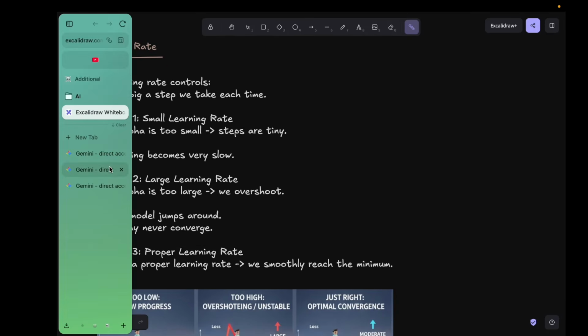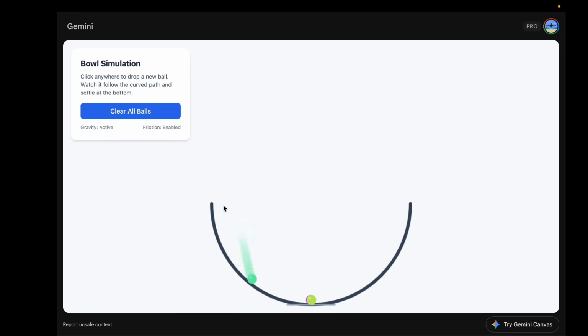So you see in this image, if we throw a ball from this point, the ball goes downhill, passing through some steps. These steps are the learning rate. If we throw from this point, the ball goes in small steps, and if we throw from this point, the ball passes through big steps.